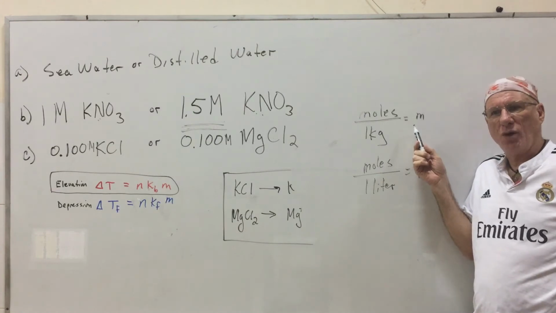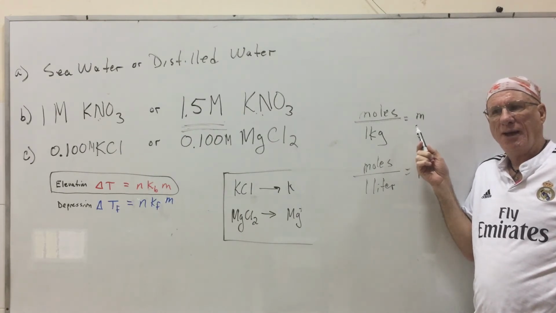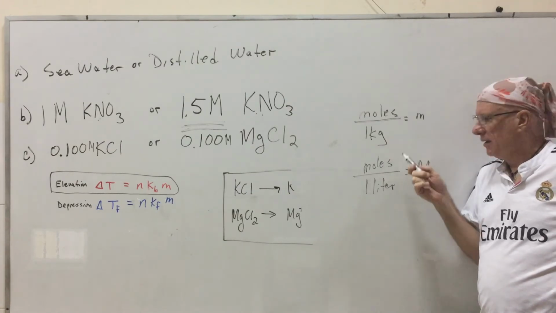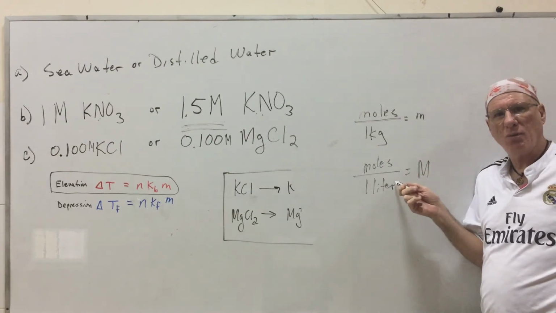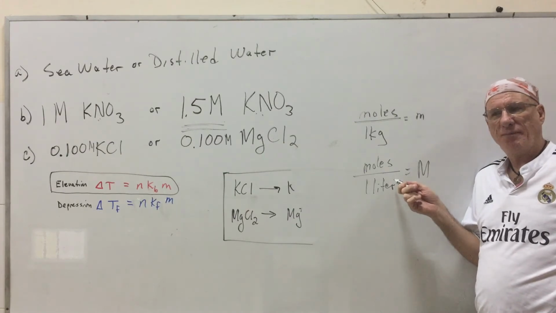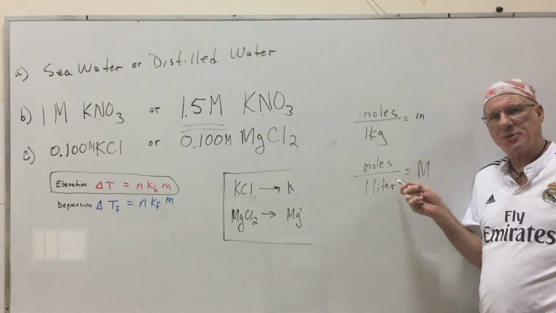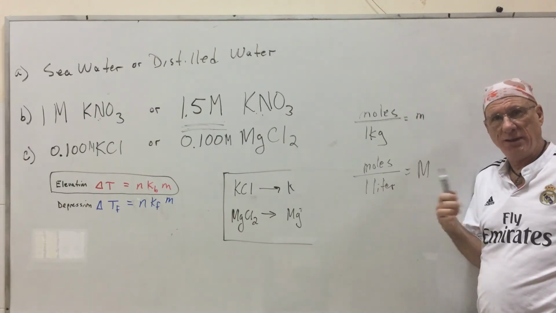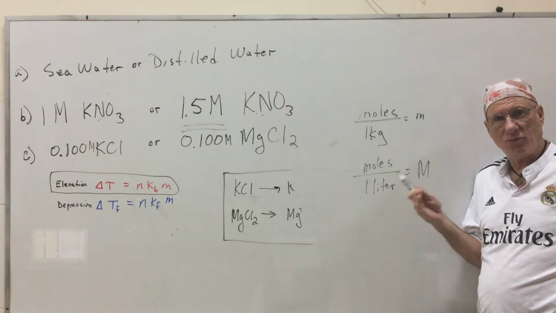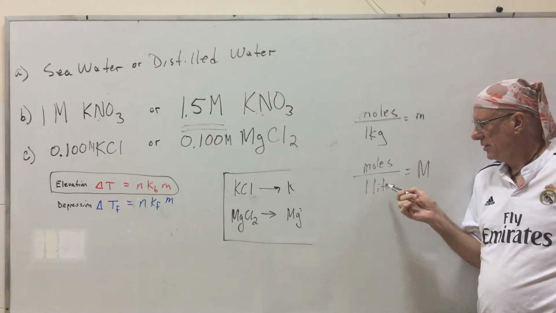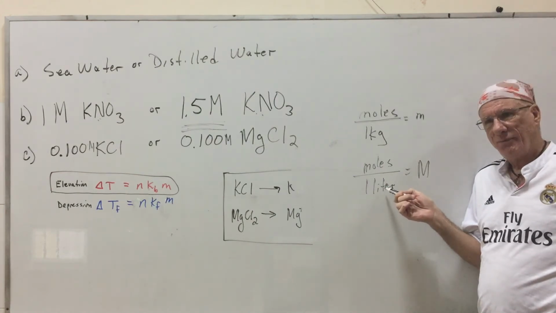Molality is used for liquid water near the freezing point and near the boiling point. Molarity is used for water at room temperature because if I do all my experiments with molarity in a lab around room temperature, 25 degrees Celsius, the volume of 1 liter is 1 liter.